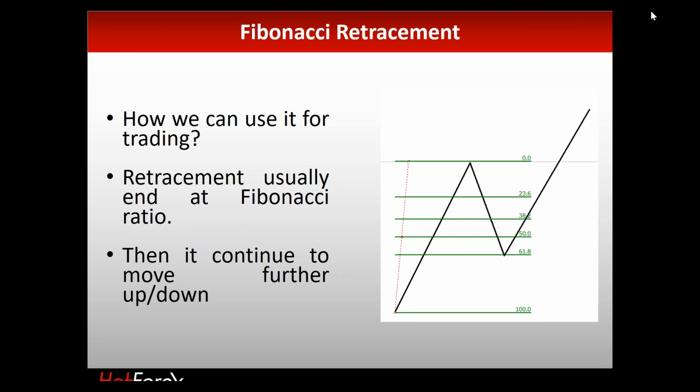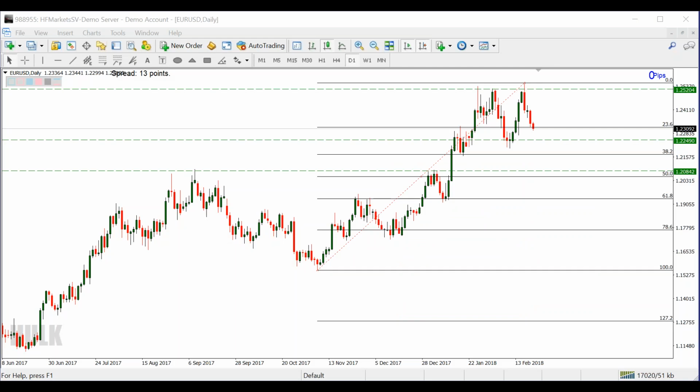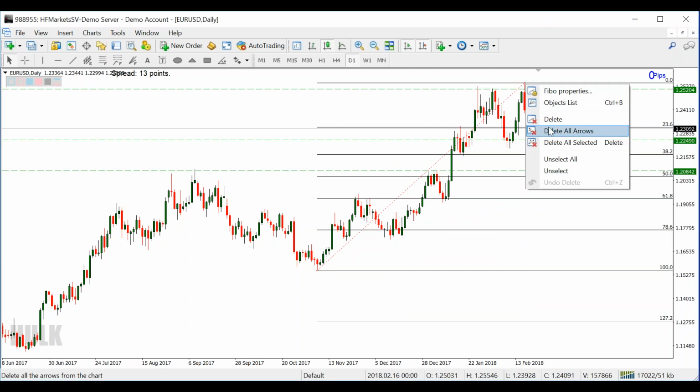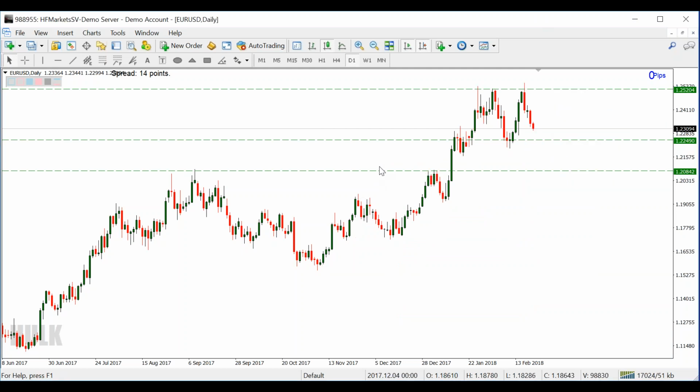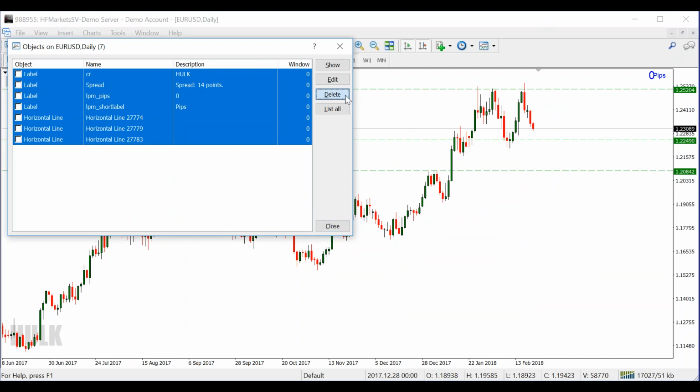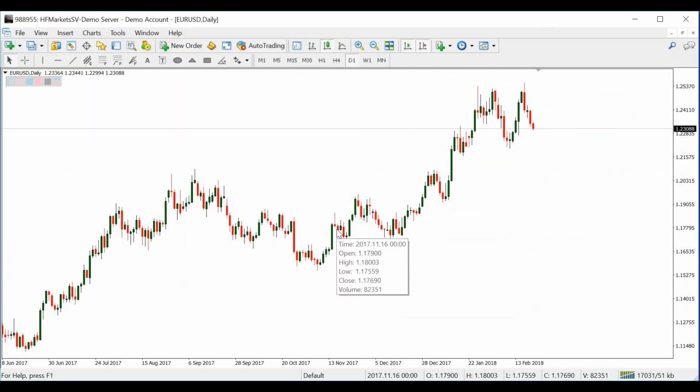Okay, I will go straight to the chart. Here it is. Let me remove everything. This is the current market.